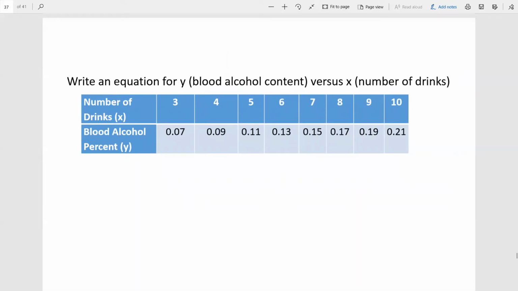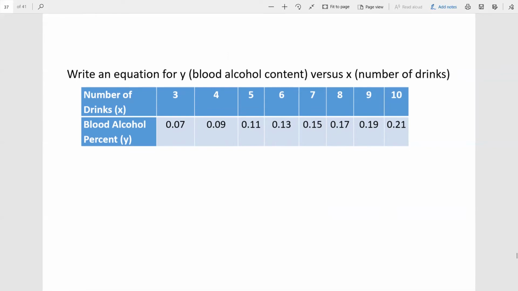Well, let's say the first point here is x1 and y1. The next point could be x2 and y2. Notice as x goes from 3 to 4, y goes from 0.07 to 0.09.